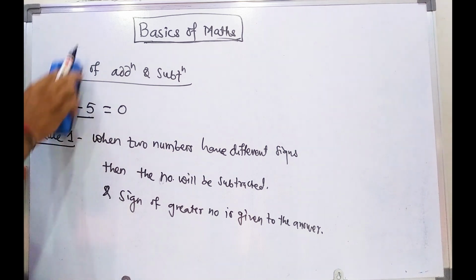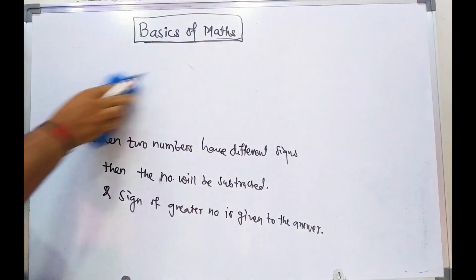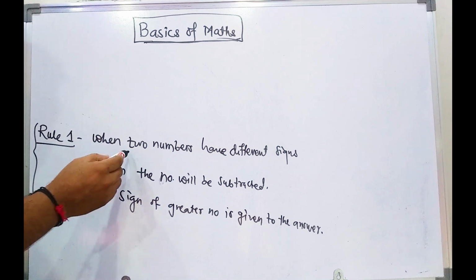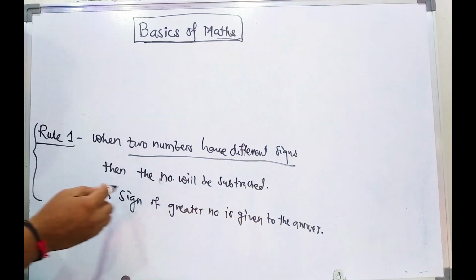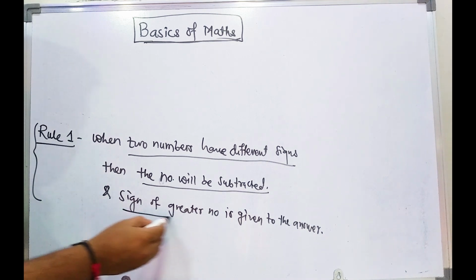Now while solving the examples in your 10th mathematics, many times you have to use this particular rule. When two numbers have different signs, then the numbers will be subtracted and the sign of the greater number is given.